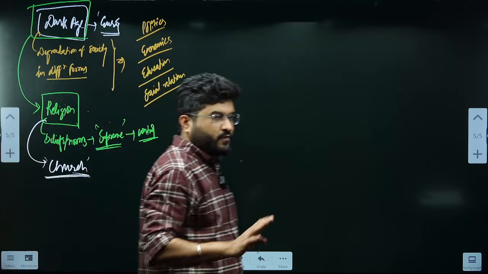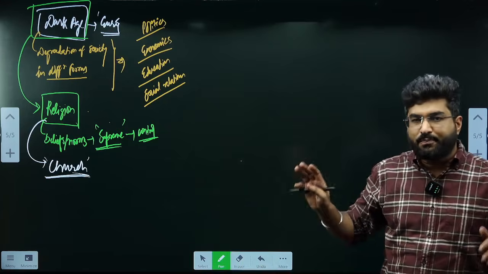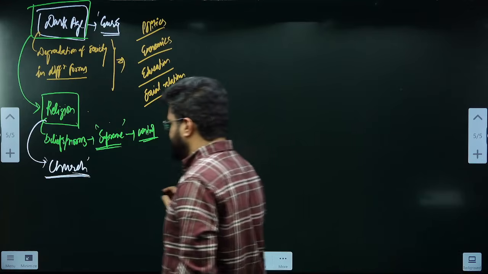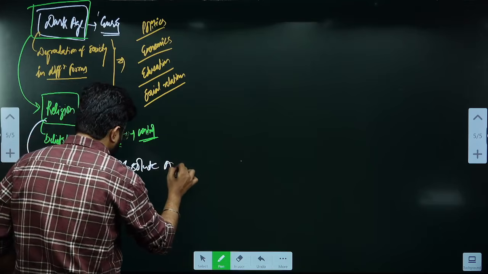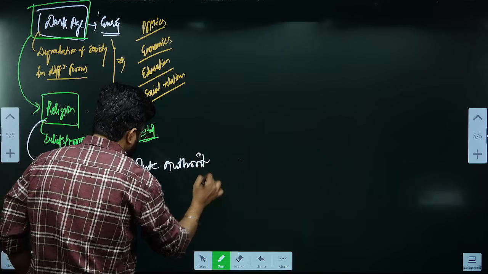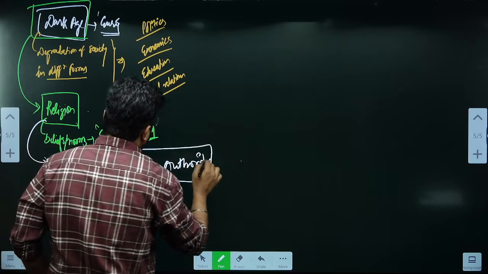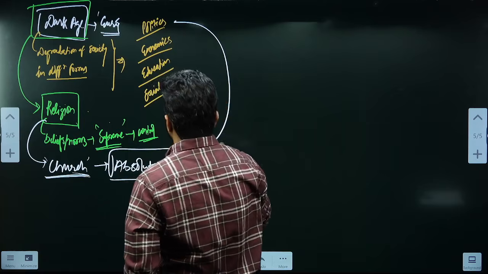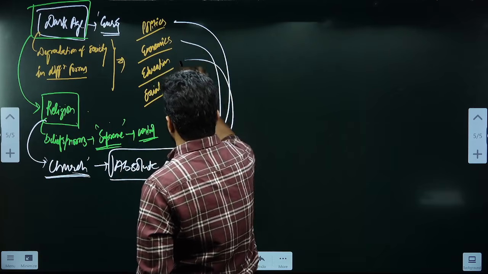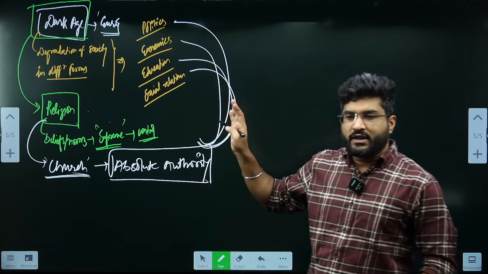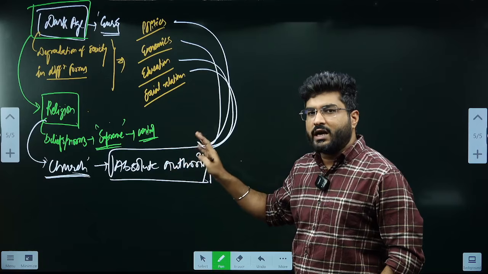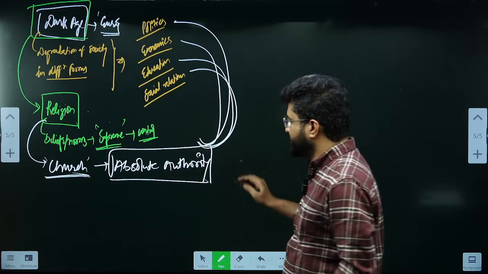So the church was holding an absolute authority in polity. There was a role of church in economics, in education, in social relations. Whatever the church says is absolute and cannot be challenged.